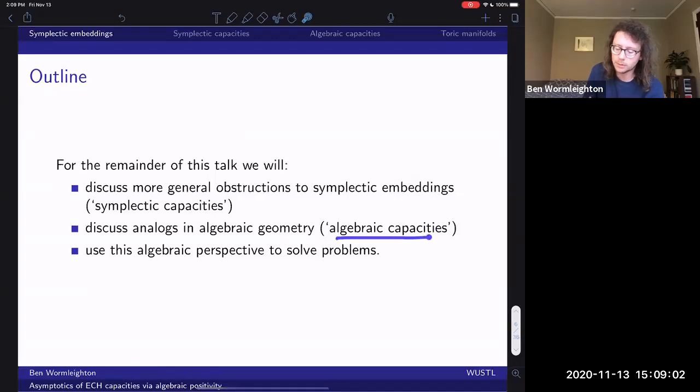These are what I refer to as algebraic capacities. Then I'll use this algebraic perspective, the relationship between algebraic capacities and symplectic capacities, to solve some problems of interest in symplectic geometry.